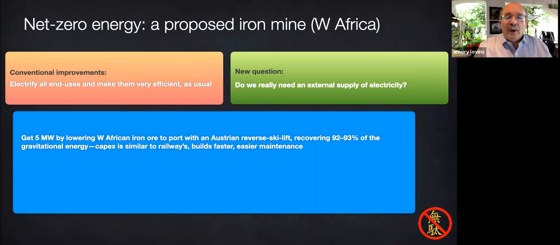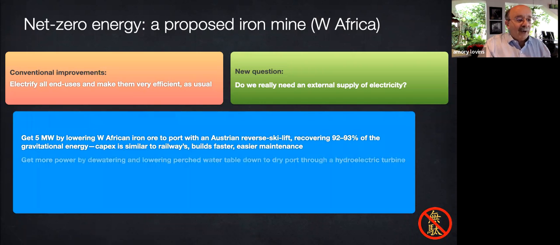We would start off running the whole mine on the gravitational energy of lowering the heavy ore down to the port in baskets on a ski lift run backwards as a 92-93% efficient electric generator. And that plus hydropower from selling a valuable perched water table, which was a nuisance up at the mine, but needed at the dry port below. So just running the water downhill in a pipe with a turbine would give us more power.